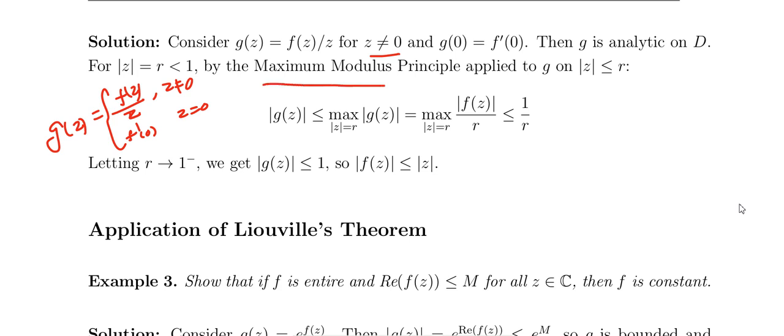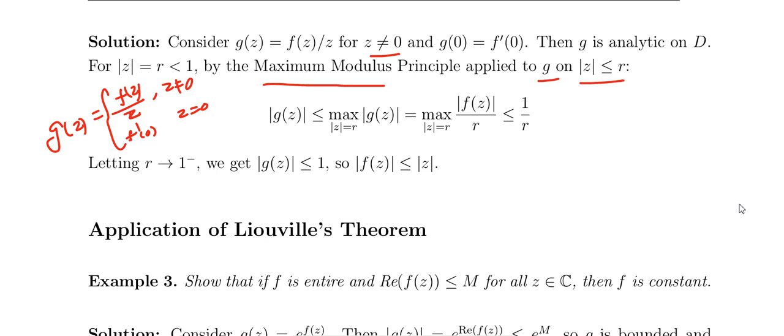By the maximum modulus principle applied to g on mod z less than or equal to r, the modulus of g of z is less than or equal to the maximum of mod g of z, which is attained only on the boundary mod z equal to r. So the maximum is mod of f of z divided by r, and since mod z equals r, this is less than or equal to 1 by r. Then when r tends to 1 from below, mod of g of z is less than or equal to 1.